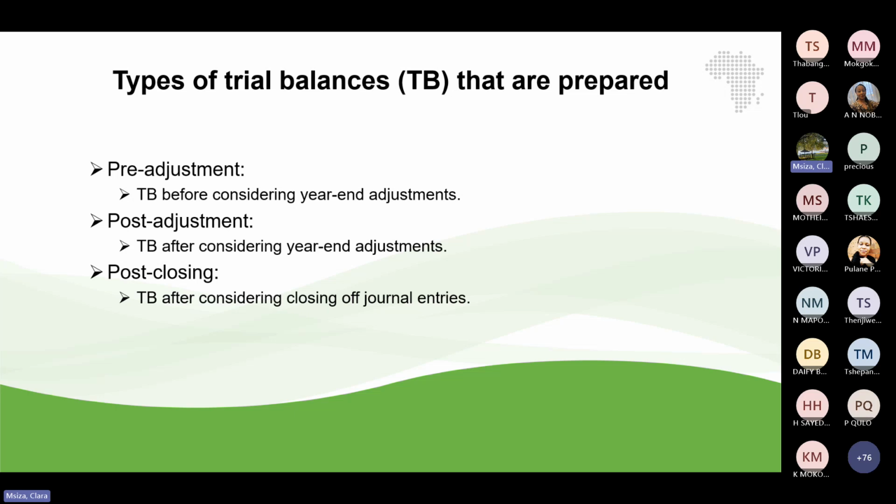Then you will have a second trial balance, which is the post-adjustment trial balance, considering year-end adjustments. Then we have the post-closing trial balance, which is after taking into account all the adjustments that are necessary for the year.